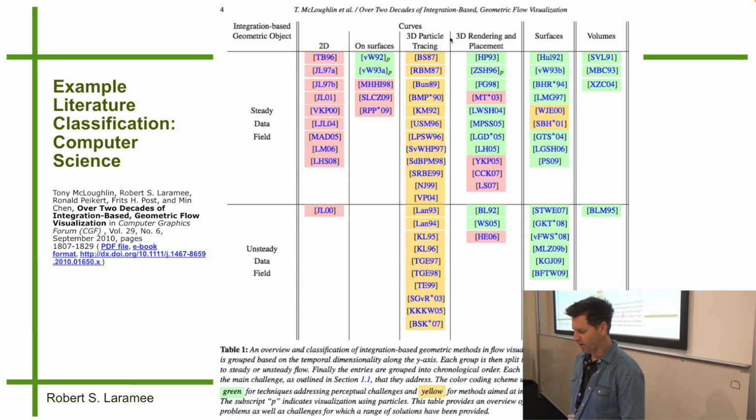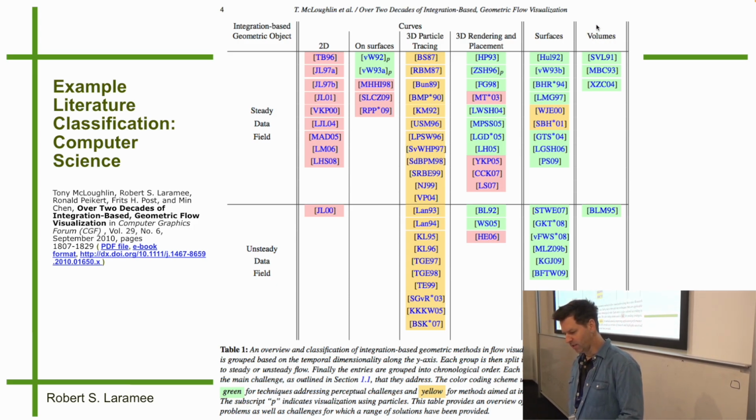So these first four columns all output one-dimensional curves: curves on a 2D plane, on surfaces in 3 dimensions, and in 3D, and again in 3D. These papers all output surfaces, and these papers all output volumes.